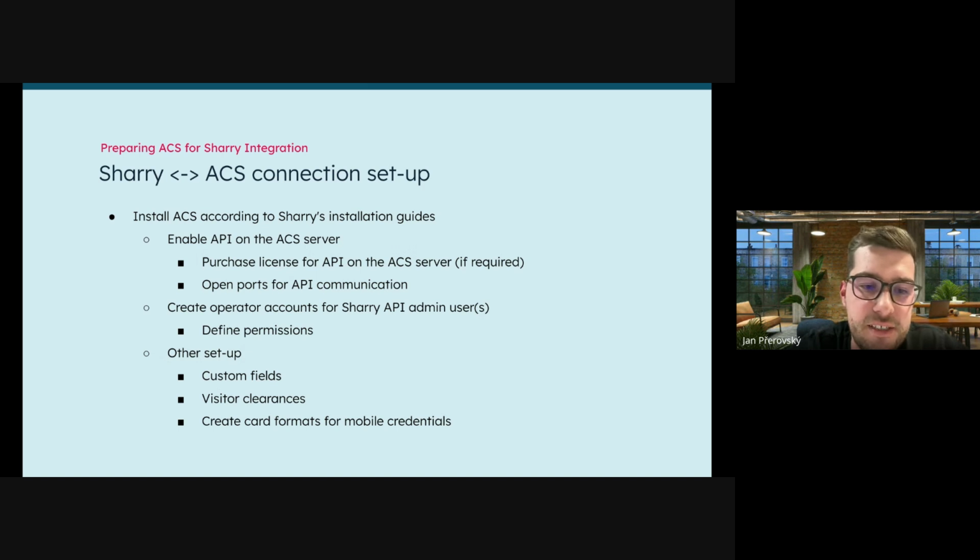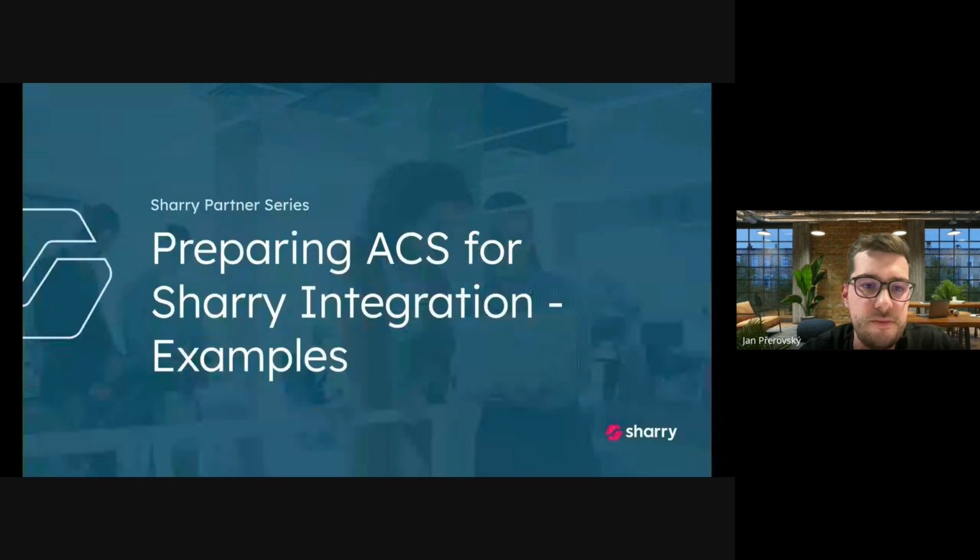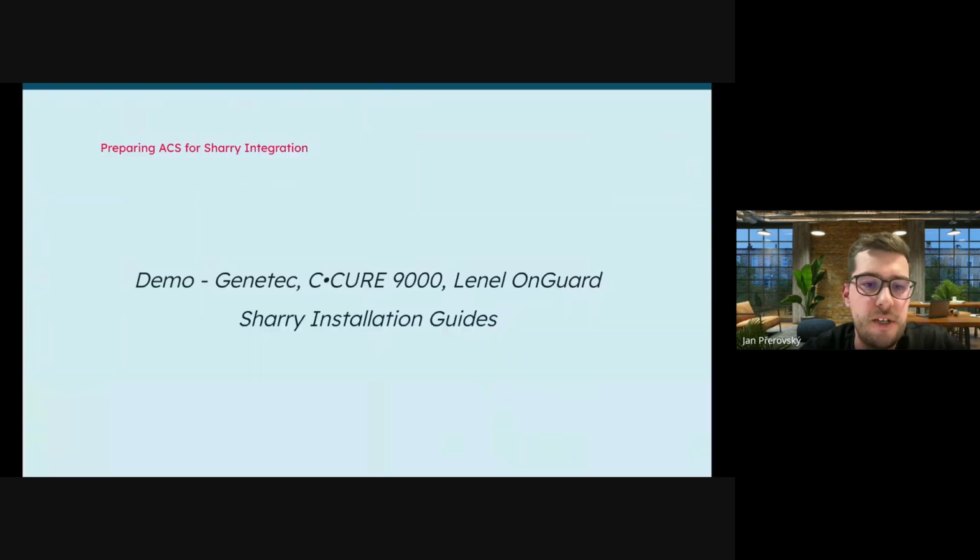And then last point, and again, this applies to only some of the access control systems, but some access control systems need to have a card format created for the mobile credentials. So that needs to be done as well. I will get into some examples right now.